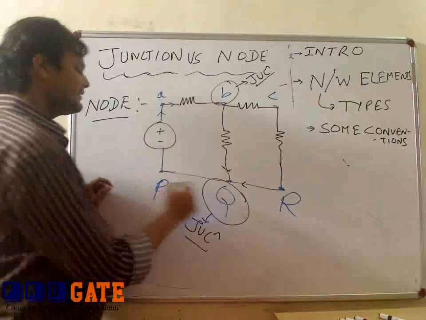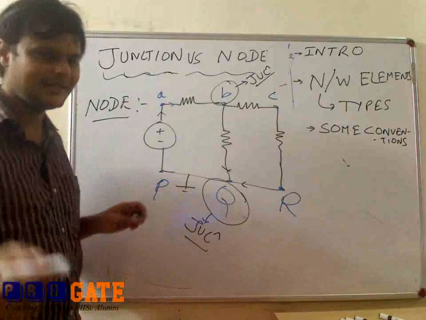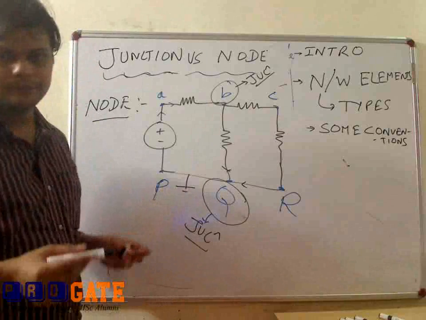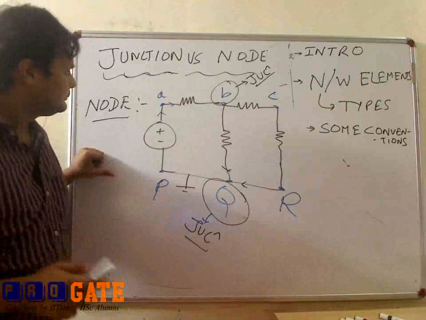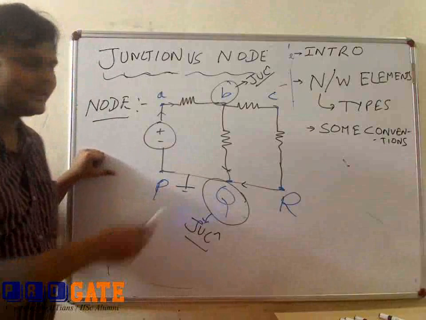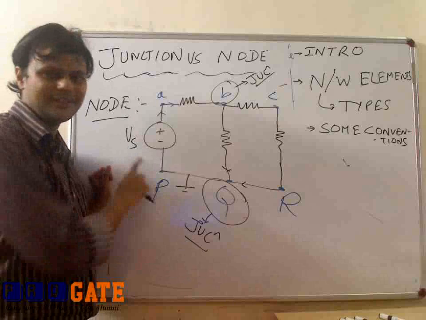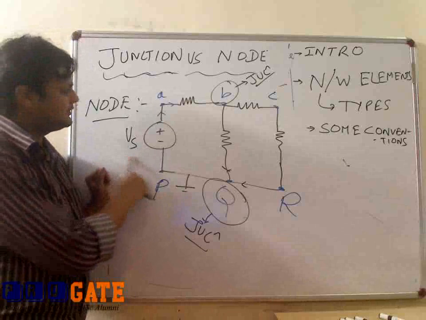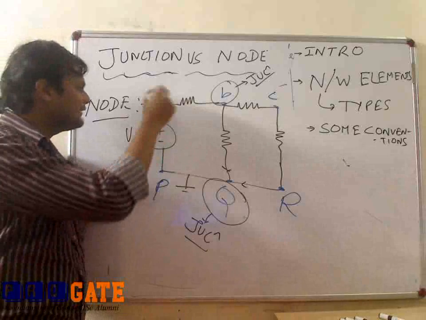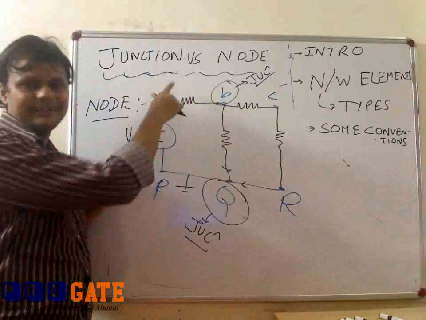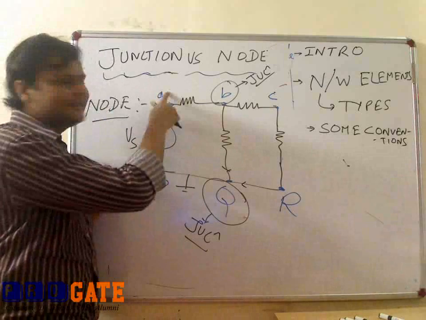Let us say this node has 0 potential. This is the reference node we will take. Let us say this is a voltage source of voltage Vs. So this A node has potential Vs, which is different from this. So this P is a node and A is also a node.